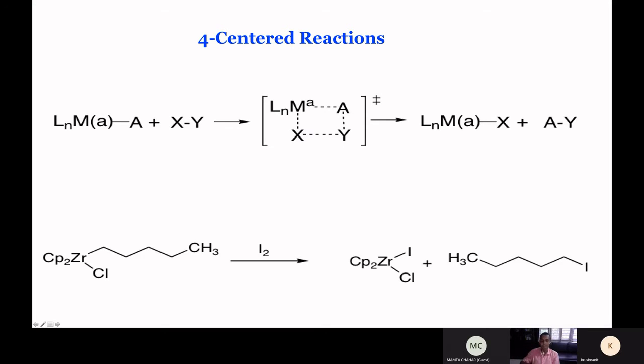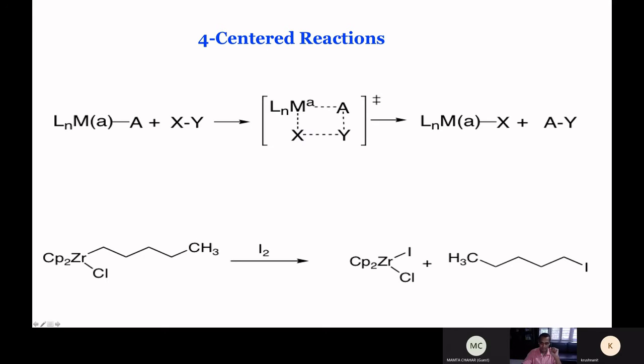But in those cases, you can still get the desired partner exchange if you give extra energy to the system. Okay, so that mechanism is called four-center reaction.